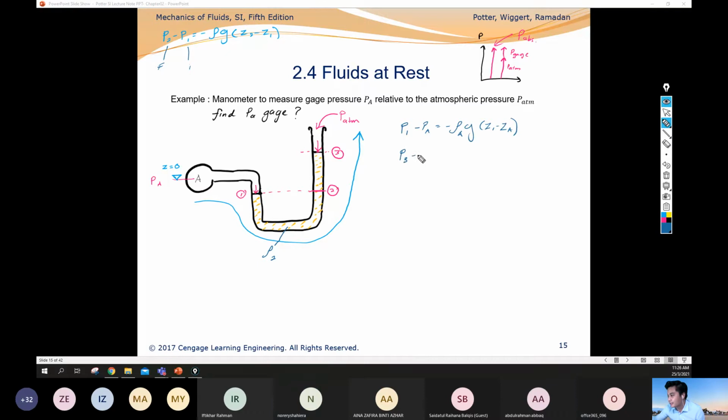P3 minus P2 equal to negative rho of 2, okay, because we deal with the rho of 2, G, Z3 minus Z2. So what we need to do next is make it like this and add everything.